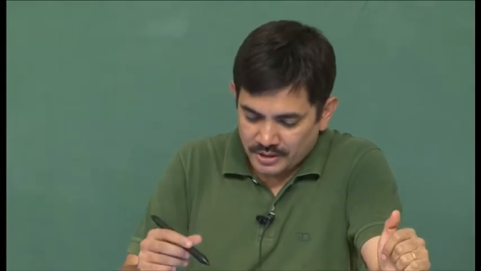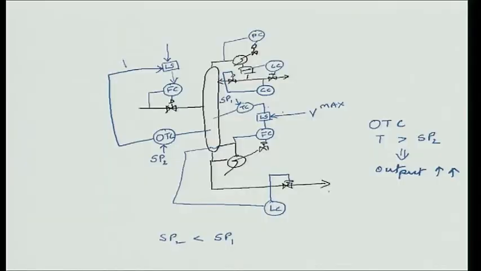Okay. Now, because this signal is large, this would be greater than the flow set point that is being set by an upstream process or by an operator. So, because this is greater than that, this signal goes through, and therefore, the feed is being set by the upstream process or by the operator.